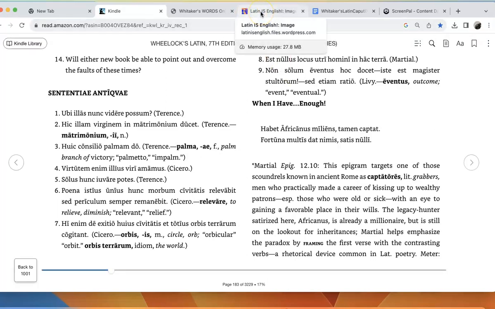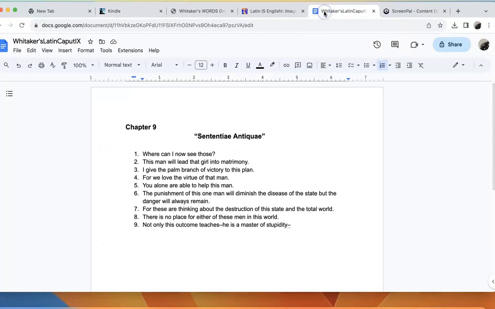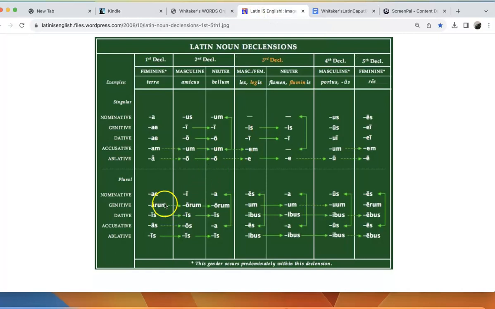If you wanted to put it in the plural, we could, just so the grammar fits: stupidities. Which kind of makes sense. If you're a master of stupidity, it means it's more than one wayward thought or action. So orum is second declension genitive plural, so of stupidities.